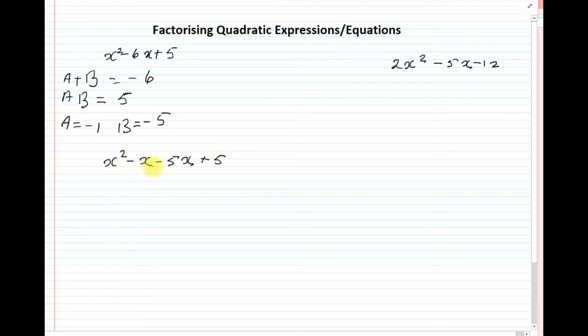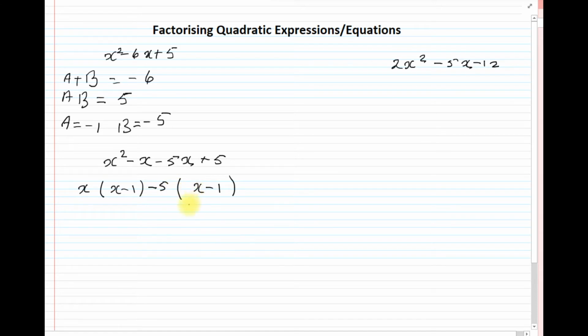Now, if I take the first two terms, I can factorize an x. So this will be x times x minus 1. And if I factorize a minus 5 from the other two terms, I'll be left with x minus 1.